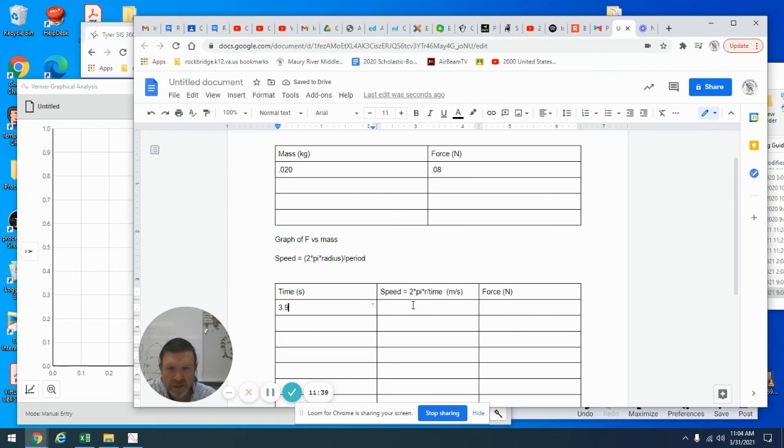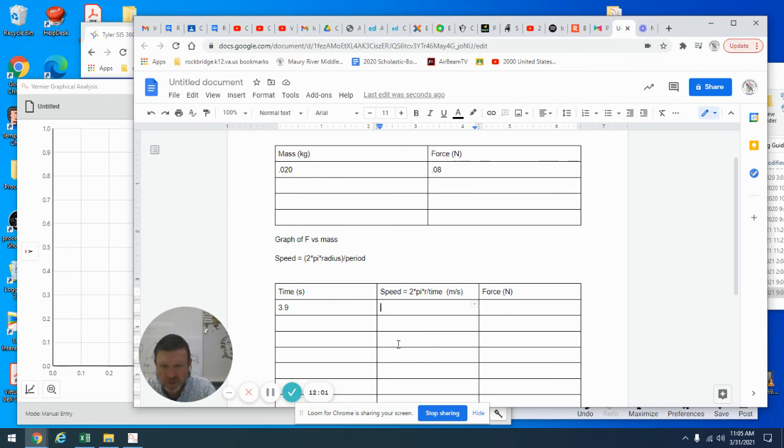And then my speed, I'm going to do in my calculator. I'm going to do speed is 2 times pi times the radius of the circle, which is 0.3.